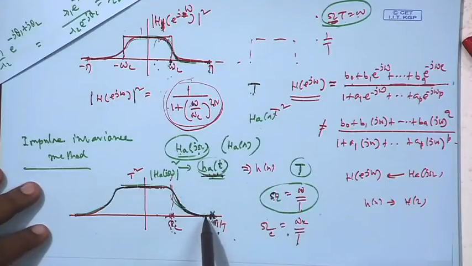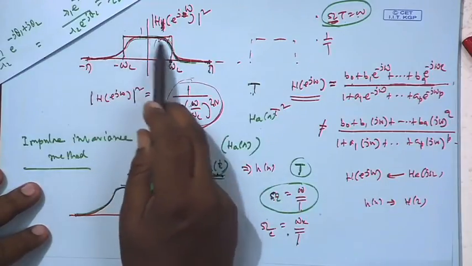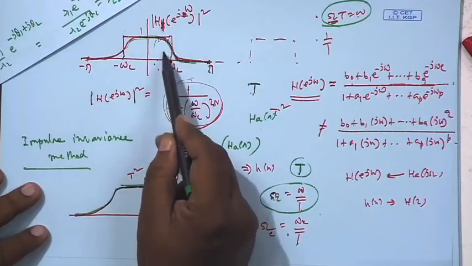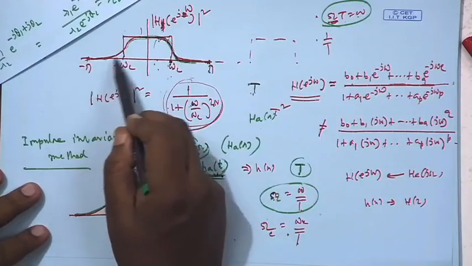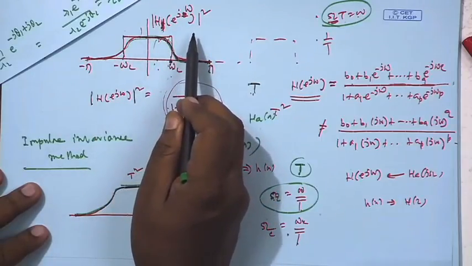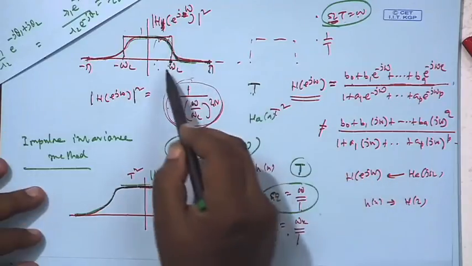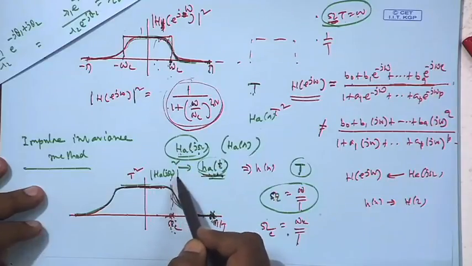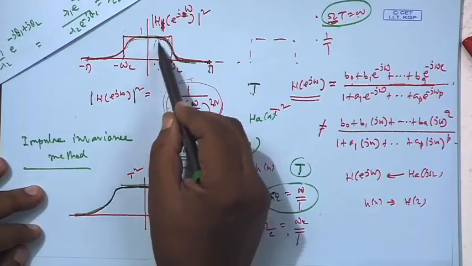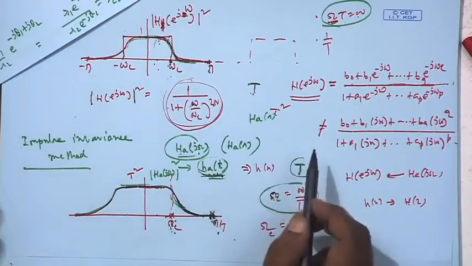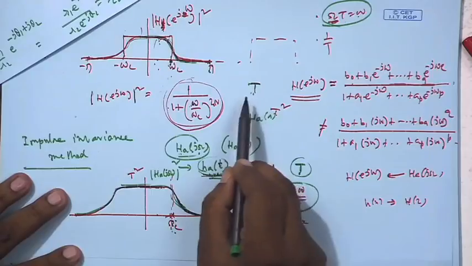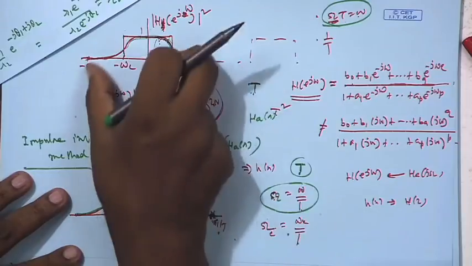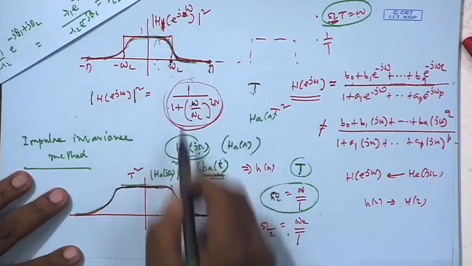I repeat again, from the analog given to the digital, this approximation in the DTFT in the magnitude response, you construct from the desired magnitude response of the digital filter, which is of the Butterworth type in this case as an example. You construct an analog prototype magnitude response, an analog low pass filter, a replica of that with this frequency transformation, that is choosing a sampling period capital T, you derive capital omega as small omega by T. So, by this frequency mapping you just map it here, pi becomes pi by T, omega c becomes capital omega c.